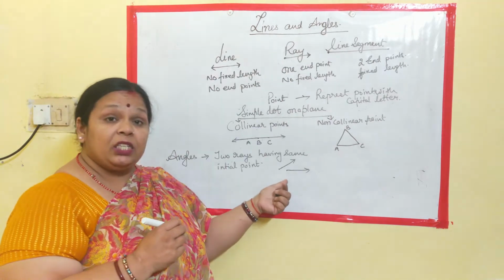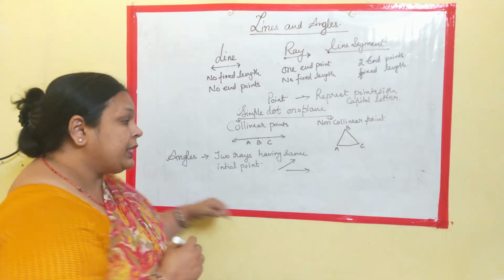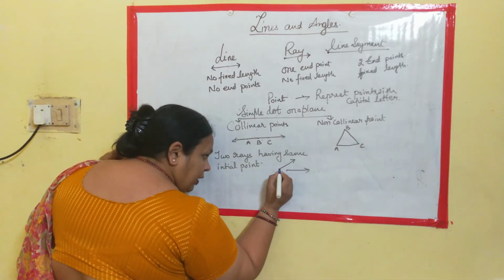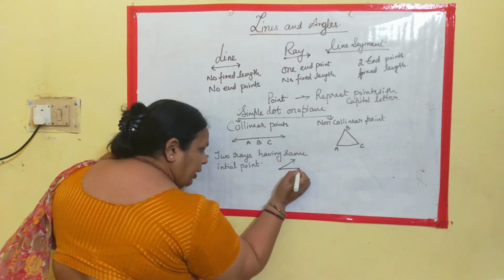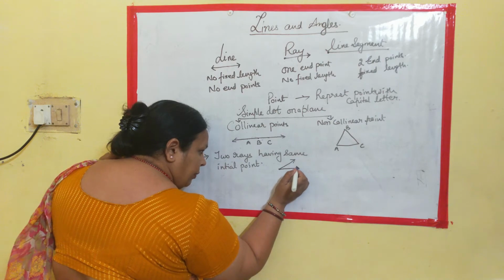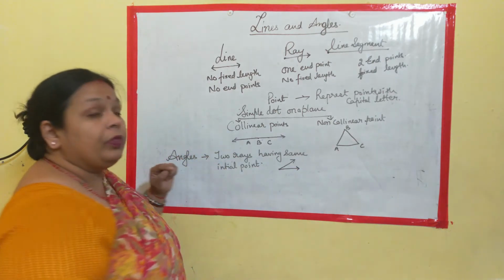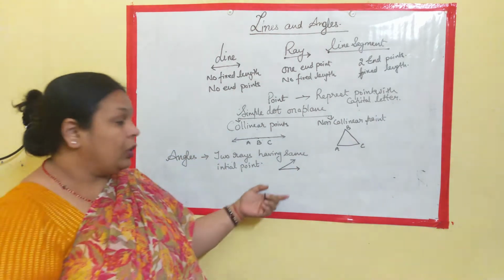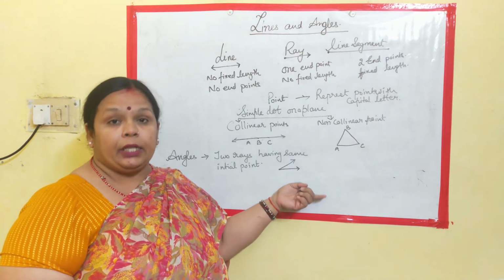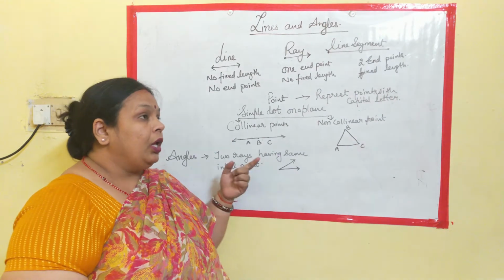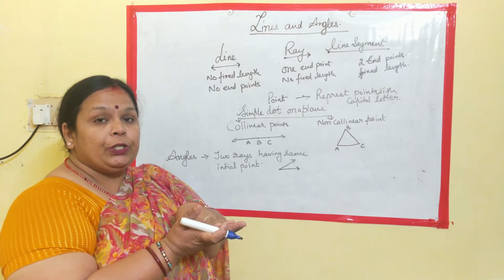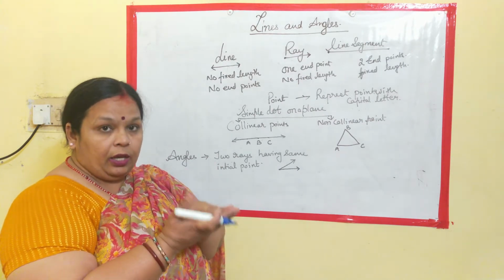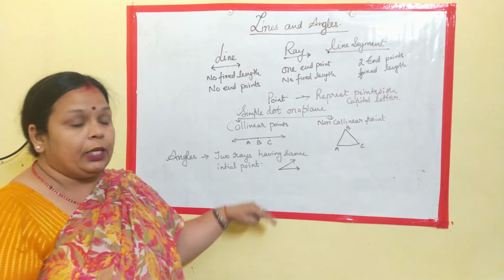Now this is not an angle. What is an angle? The rays begin from the same initial point. We are not saying anything regarding the directions, because even when both the rays overlap on each other, we get an angle, which we will be discussing now.